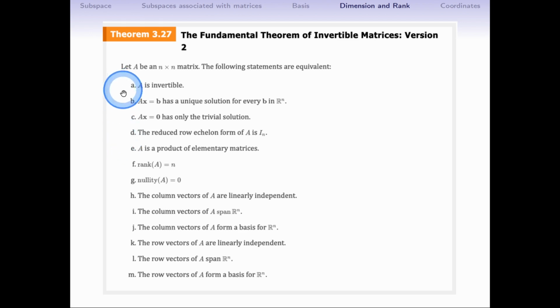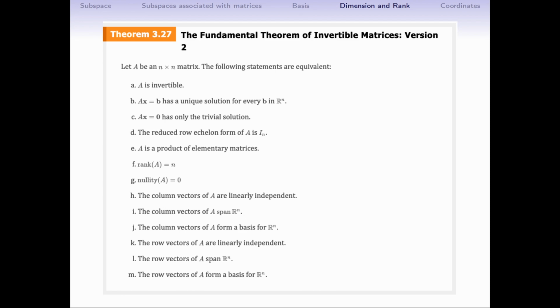We might say that these first 5 statements are all of an algebraic nature. They're all saying something algebraic about the matrix A. In contrast, these remaining 8 statements are saying something geometric. They're saying something about spanning and independence and basis and dimension. So what we're seeing here in version 2 of this theorem is a merging of the algebraic properties of the matrix A and its geometric properties.